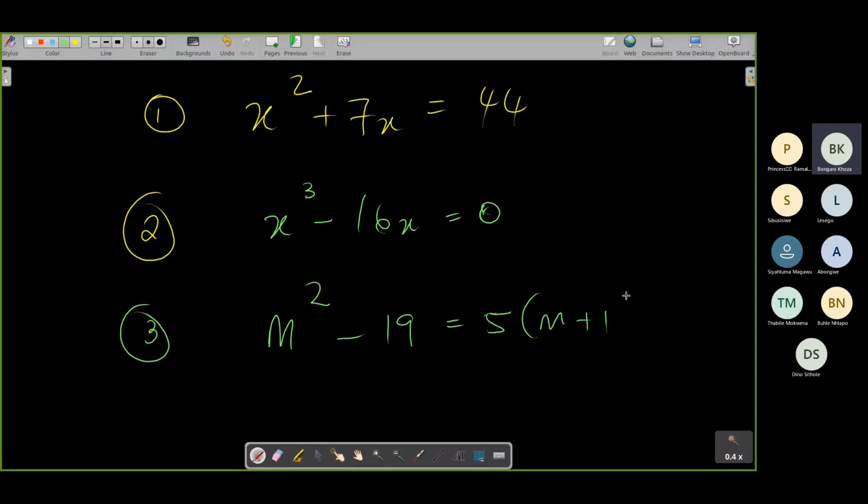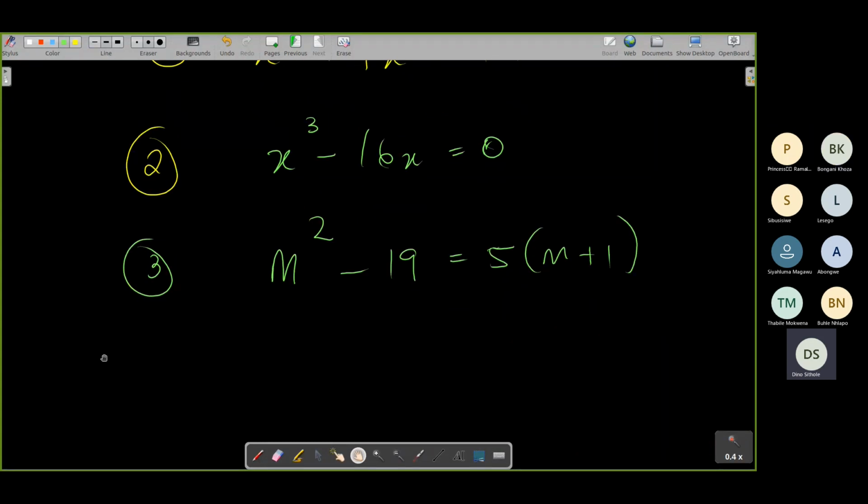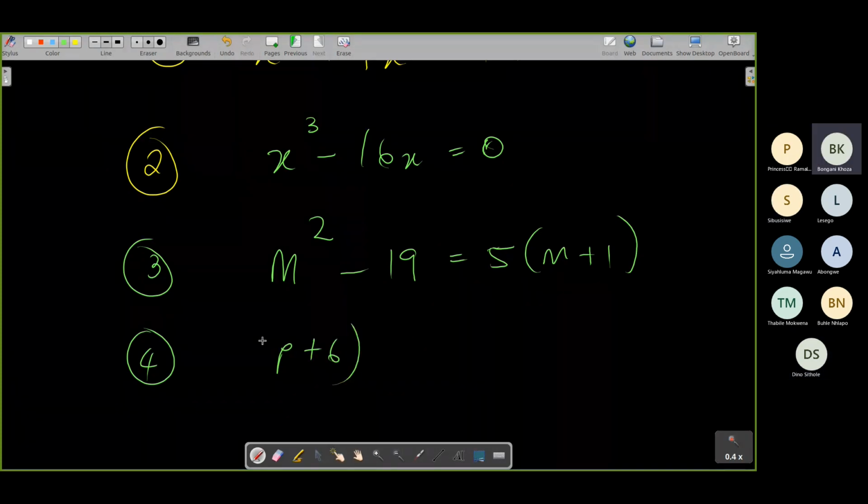Answer for number 2, what did you guys get? x is equal to 0, or x is equal to 4, or x is equal to negative 4. Did we all get that? So we are supposed to have 3 solutions for that one. Did we get it?